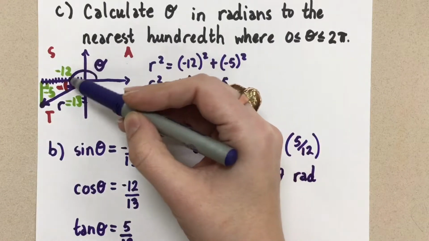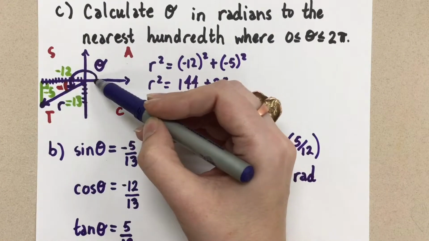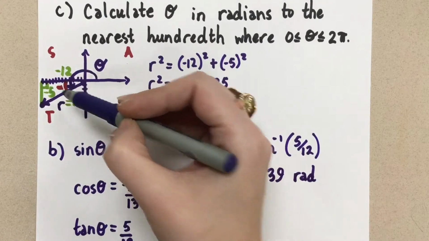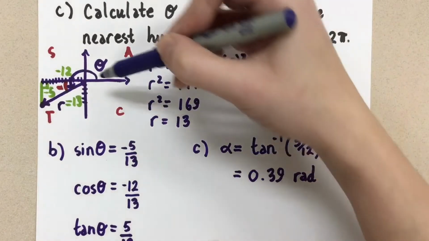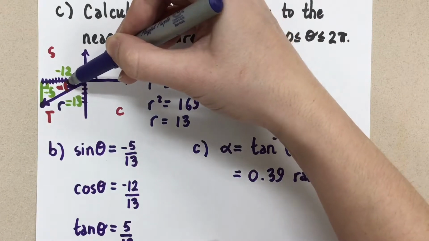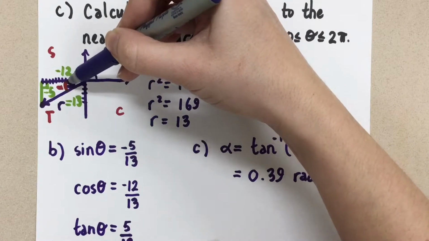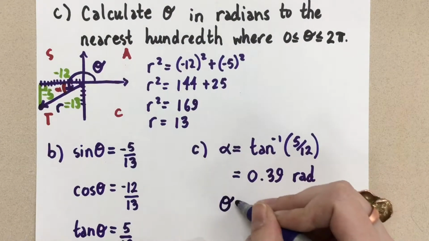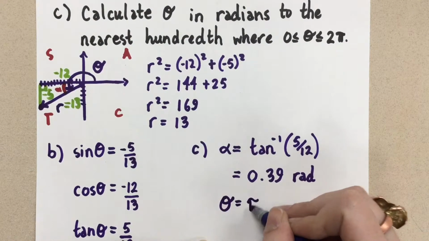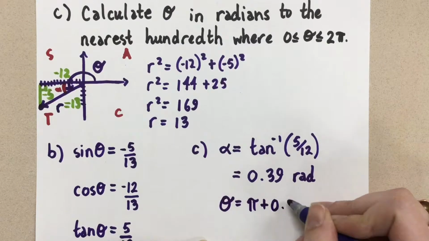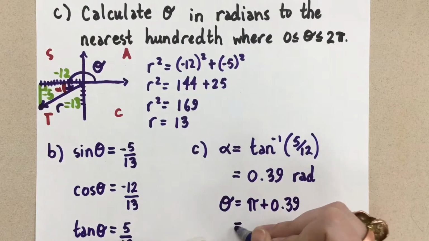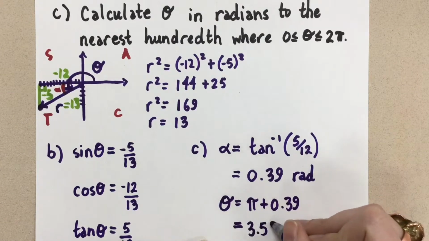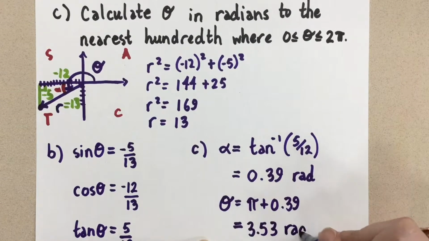So if we want the principal angle here, we'll do pi plus the 0.39 radians, because the half circle is pi radians, and then we have that related acute angle that's 0.39, so we'll add those together. So our angle here, pi plus the related acute angle, and when we calculate that, we get 3.53 radians.